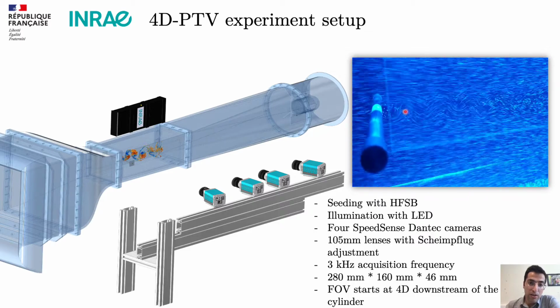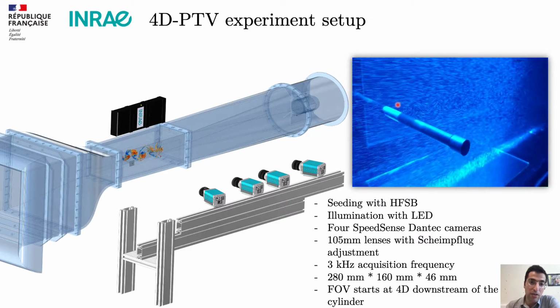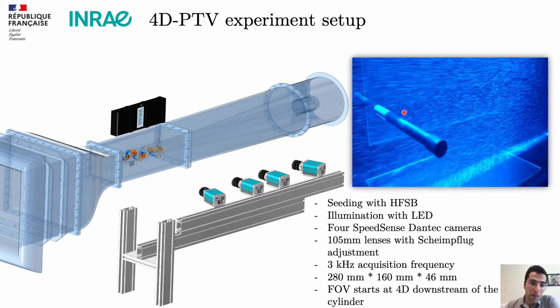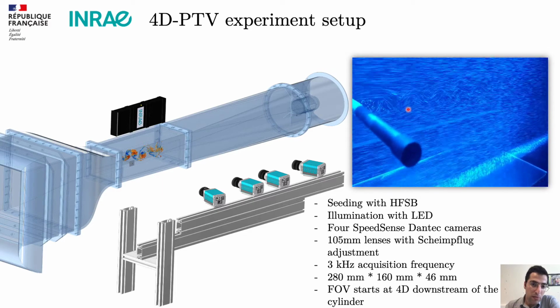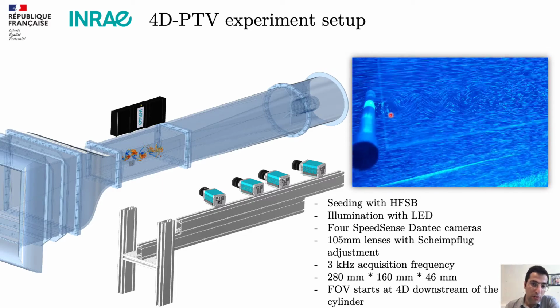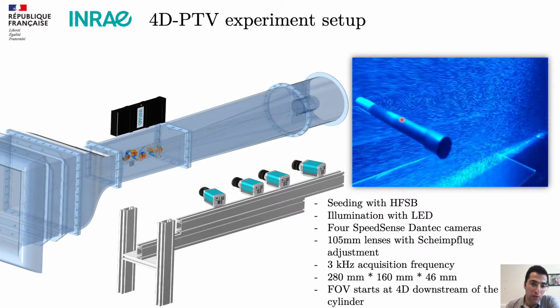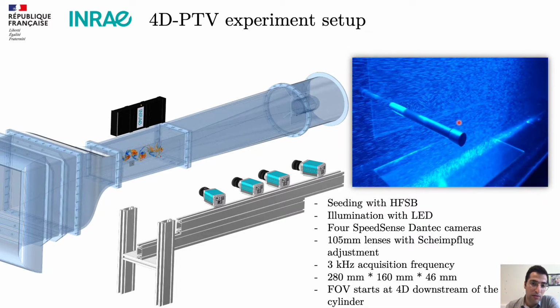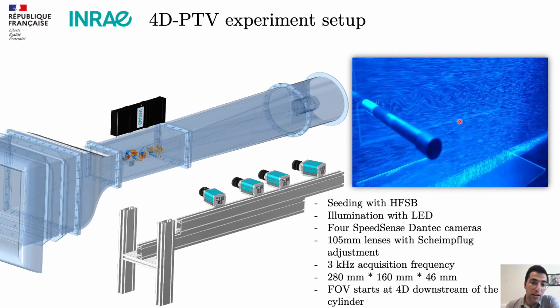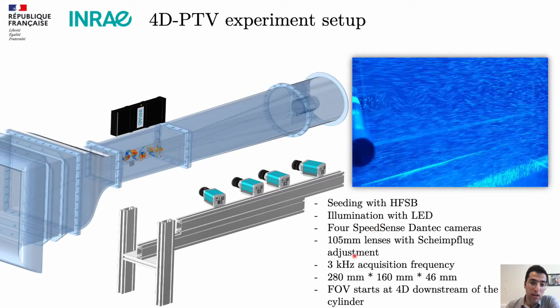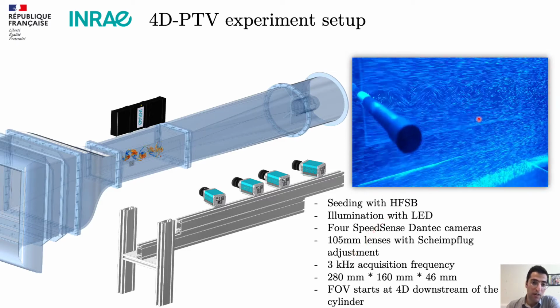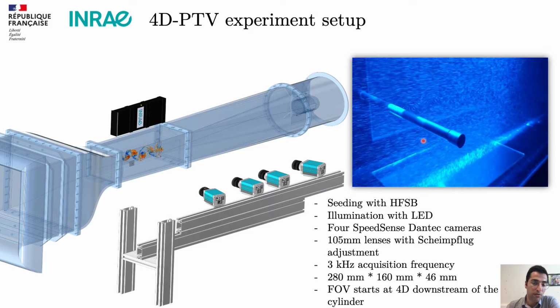Here you can see the regions that we did for the measurement. We tried to be as close as possible to the cylinder, starting almost 4 diameters downstream of the cylinder, and did acquisition for almost 300 centimeters downstream.